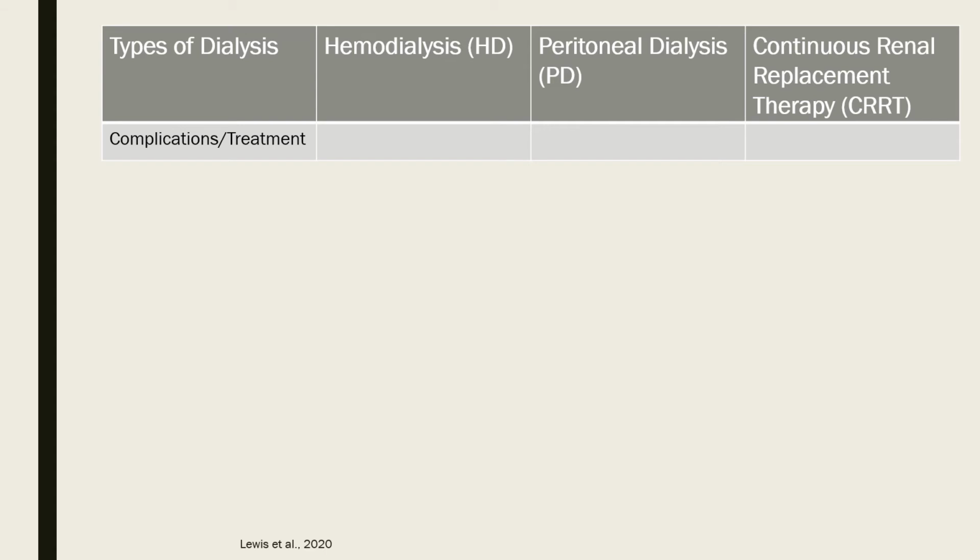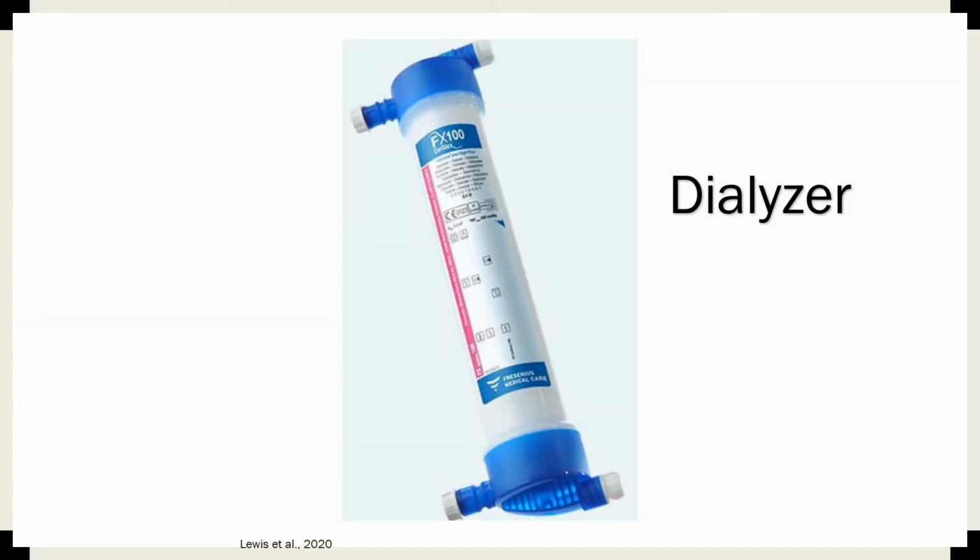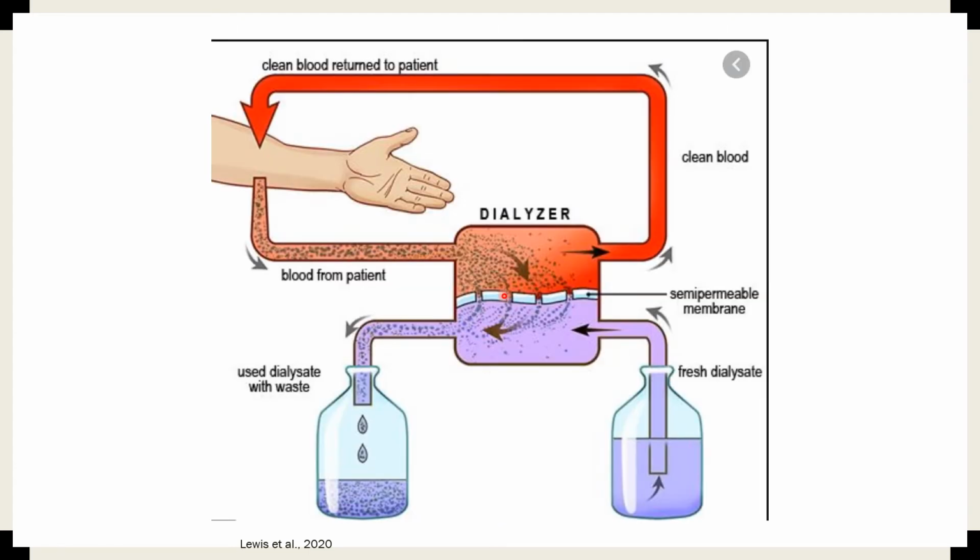Now we already discussed this, so I'm gonna move on. So this is the dialyzer. Okay, it has this fine fiber inside. And this is how dialyzer works. So what happens, this is the blood from the patient, then it goes to the dialyzer and it's filtered and all the toxins were removed.